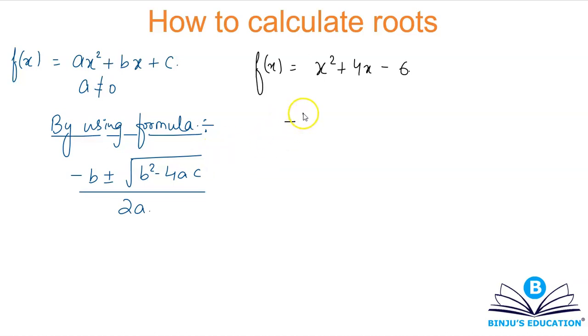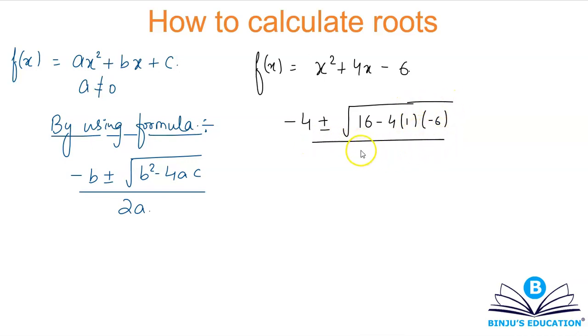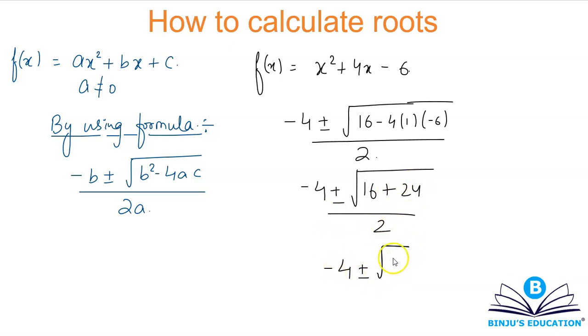You're going to get minus 4 plus minus root b square, that is 16 minus 4 into 1 into minus 6, divided by 2. So that is minus 4 plus minus, 16 minus 4 into minus 6 is 24, so 40, divided by 2.